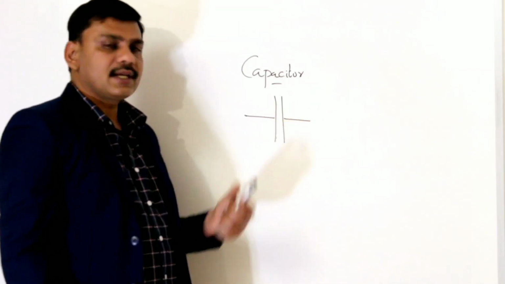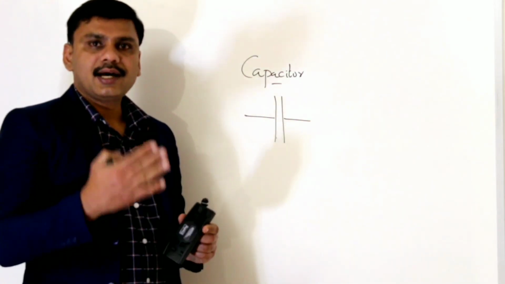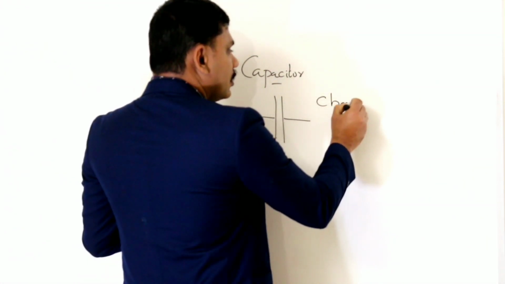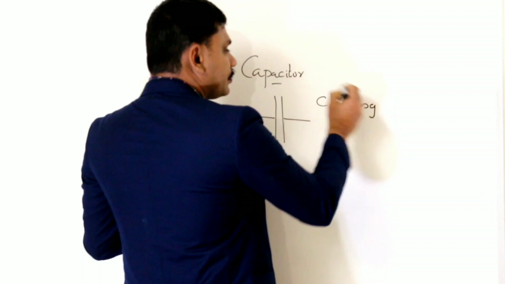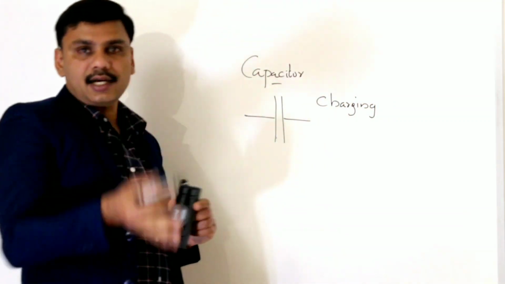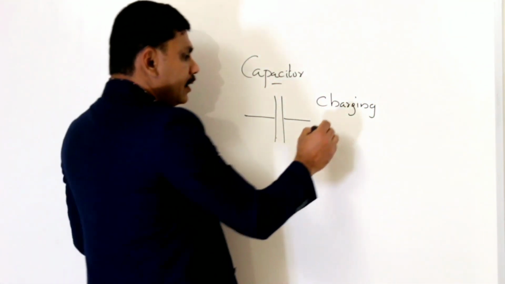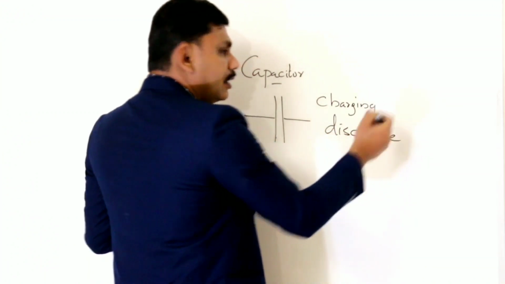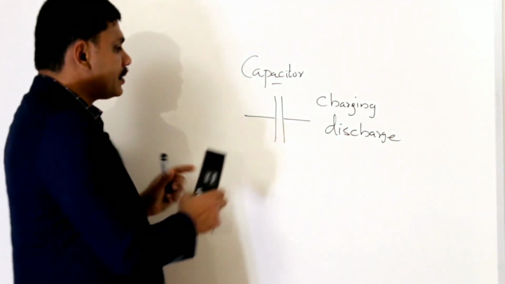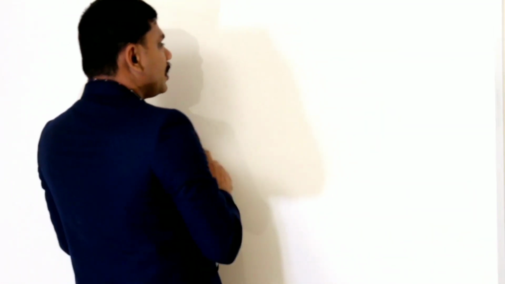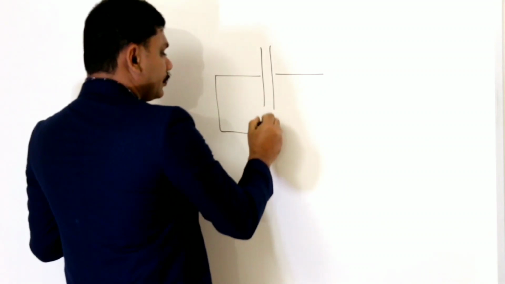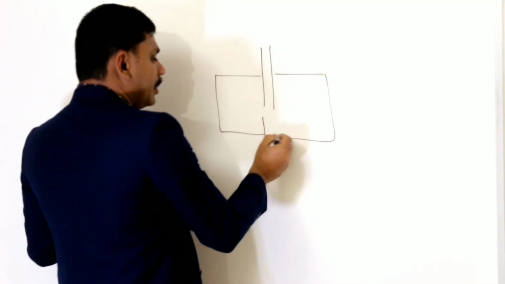Then capacitor is used for charging electricity. Once it is charged completely, it will discharge. For example, if you connect a capacitor to a cell, what will happen?